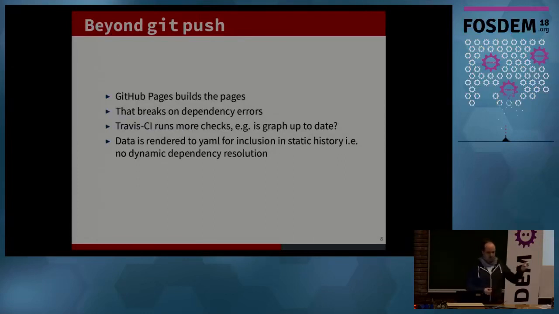And it will also do some network analysis, whether the new graph is identical to the graph that's already in there. We're also rendering everything that we're currently announcing as broken or as upcoming problem in YAML format, for the trivial reason that we want to have a history function which is not dynamic.